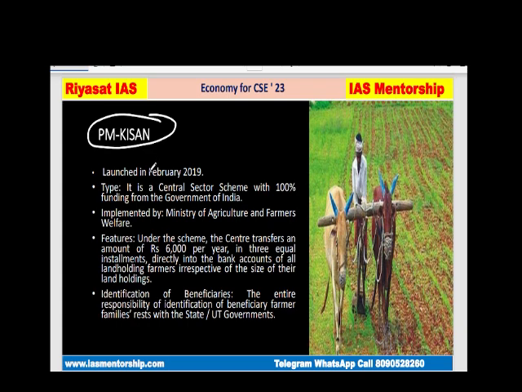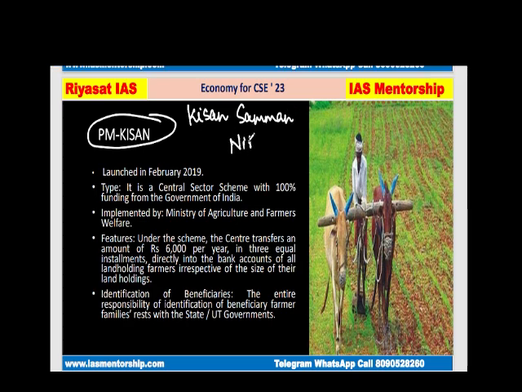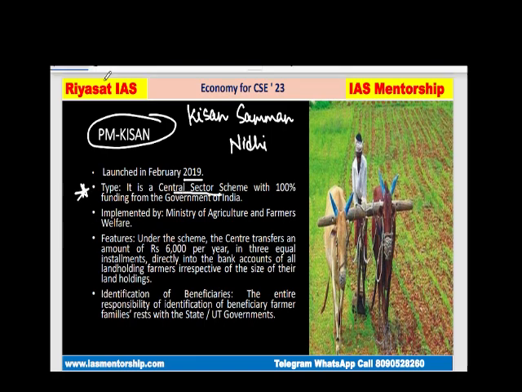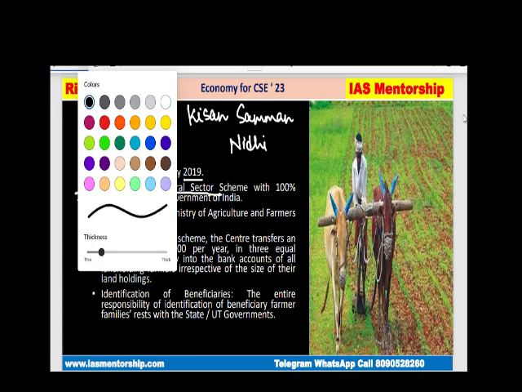Let us see basically what it is. You should know the full form of PM Kisan, Kisan Samman Nidhi. I am writing here. Kisan Samman Nidhi. This scheme was launched in the year 2019 and remember this is a fully central sector scheme. What do you mean by central sector scheme?